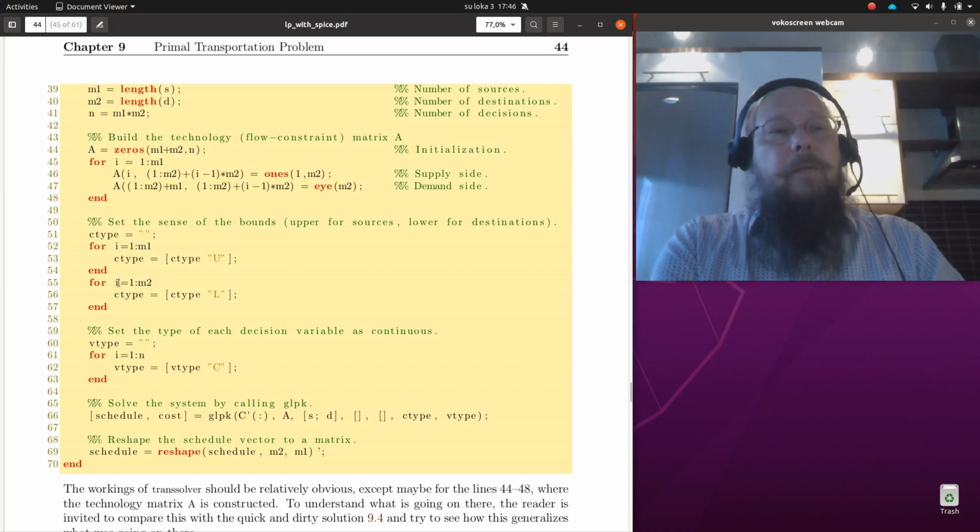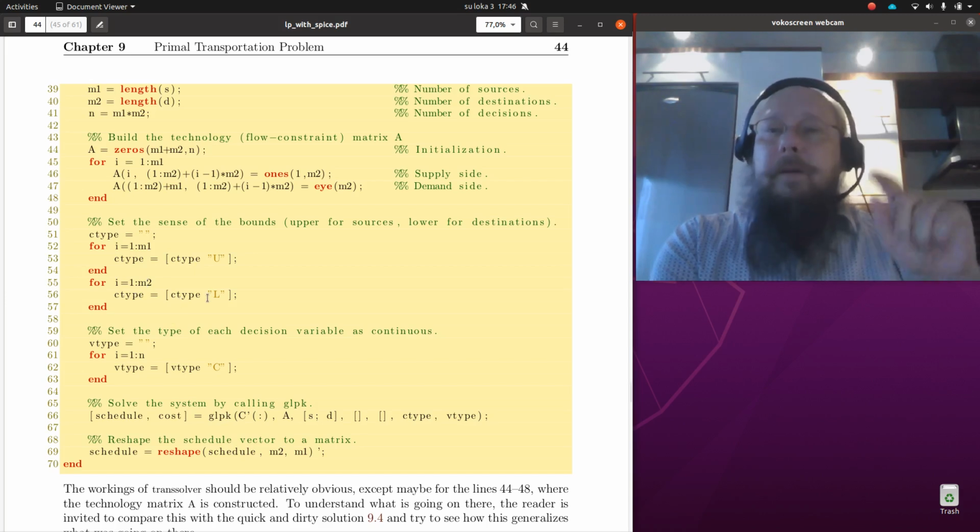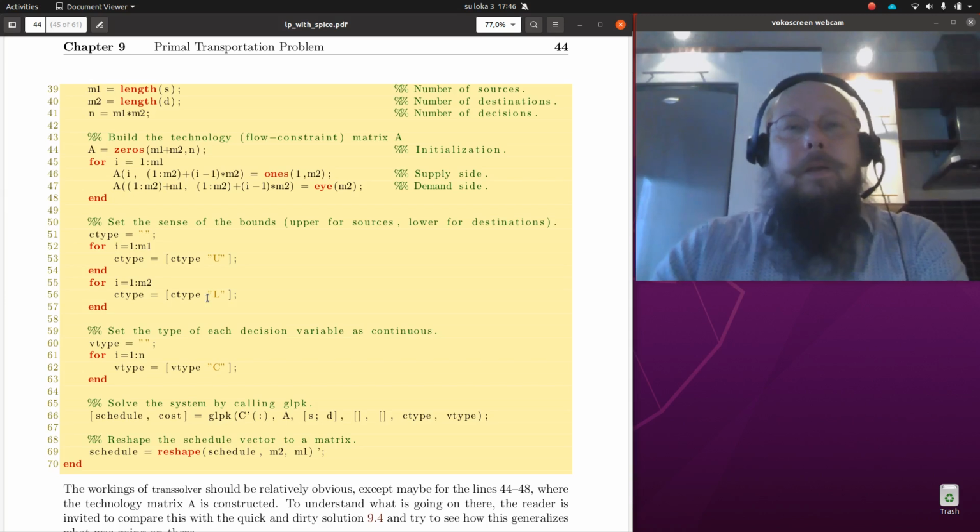So now I have a for loop going from 1 to M2, so M2 is the number of destinations. I have the C type, which at this point has some U's there, and I append L after the U as many times as I need, so that's as many destinations as I have.